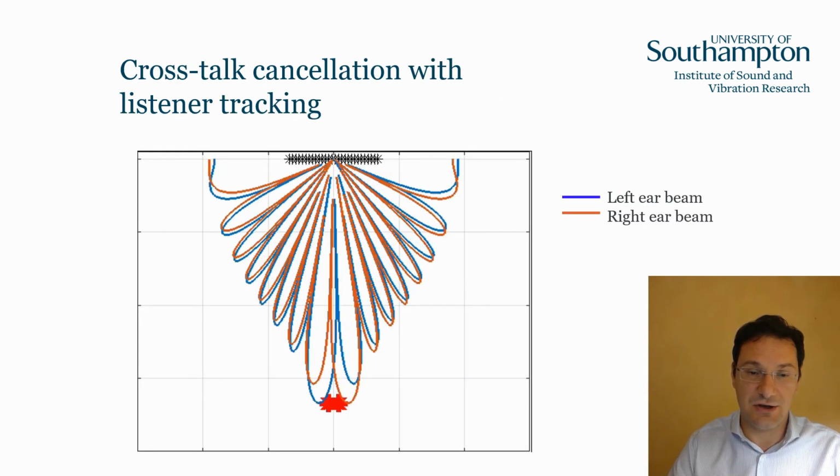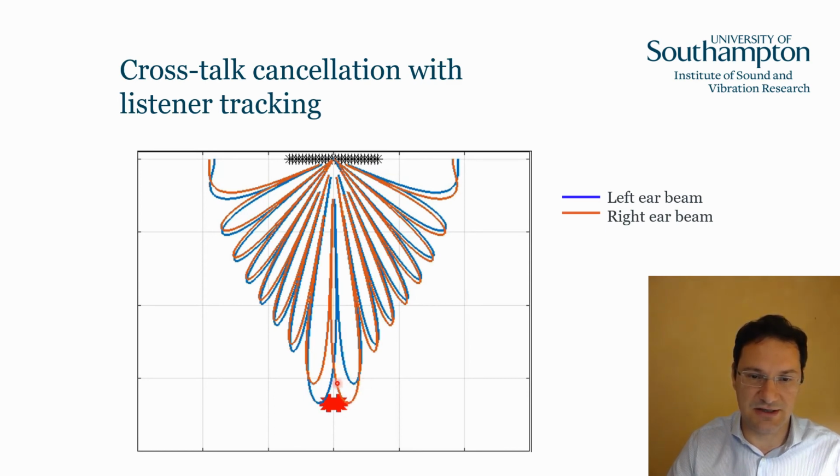In this animation, we see on the top these black crosses representing loudspeakers, and these two stars here represent the left and the right ear of a listener. The red and blue patterns that you see here represent respectively the radiation pattern of the beam that delivers the sound to the right ear.